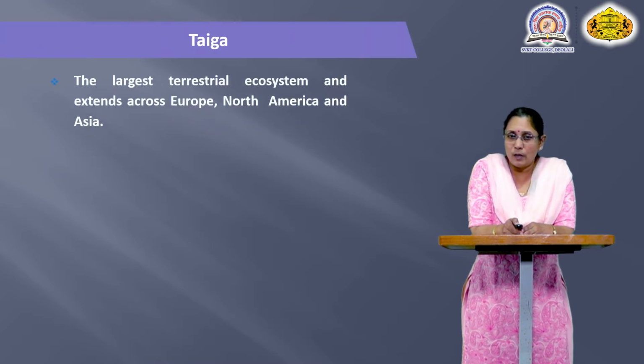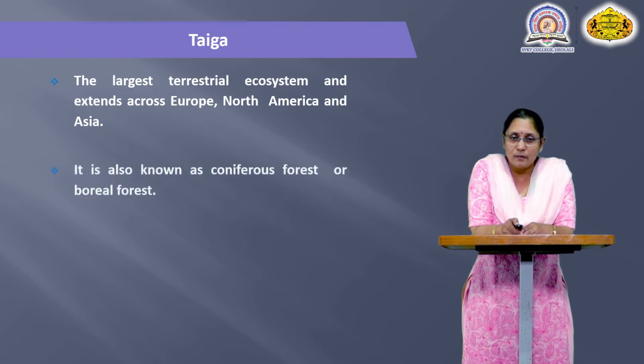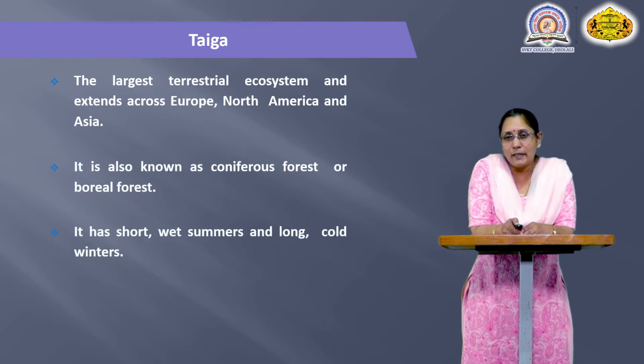Next to tundra we turn towards another terrestrial region, that is taiga. The characteristic feature of this taiga terrestrial region is that it is the largest terrestrial ecosystem, which extends across Europe, North America and Asia.